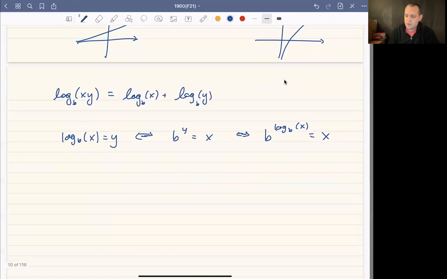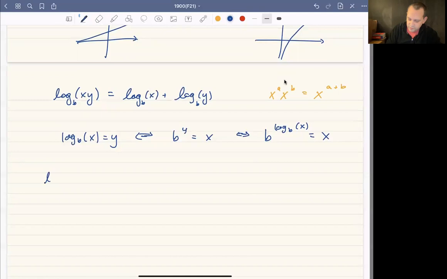And so this rule, that the log of a product is the sum of the logs, essentially corresponds to the fact that when you multiply two things with a common base, you add the exponents. That's basically what this rule says.